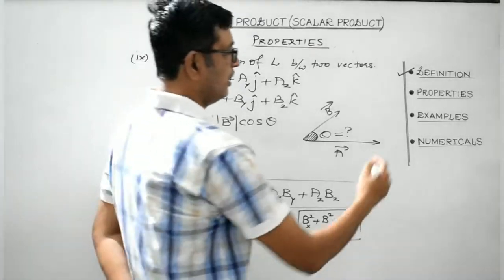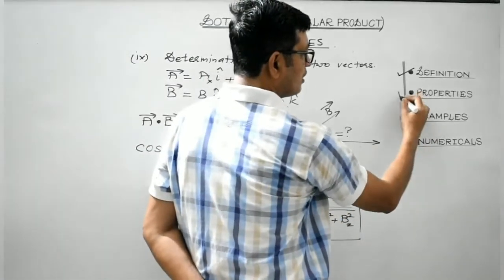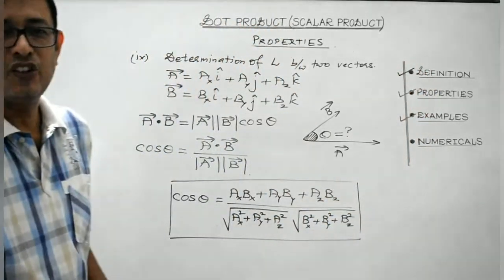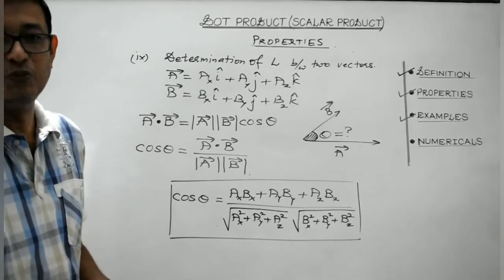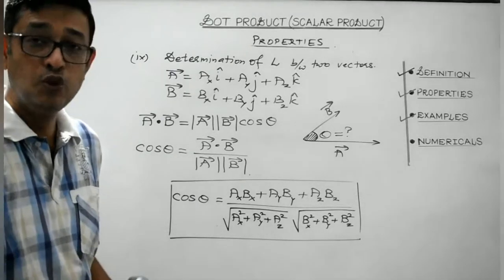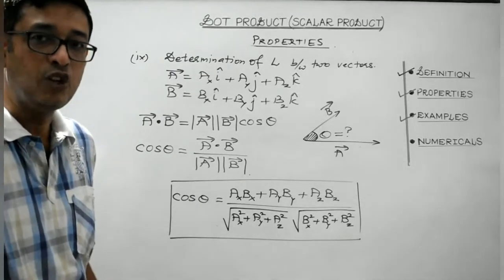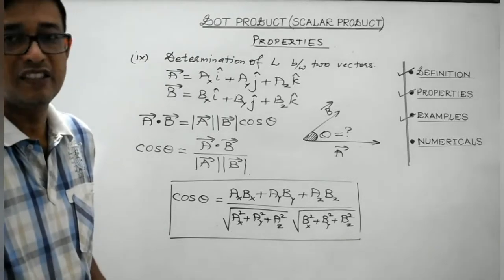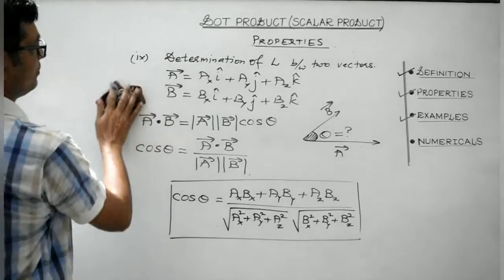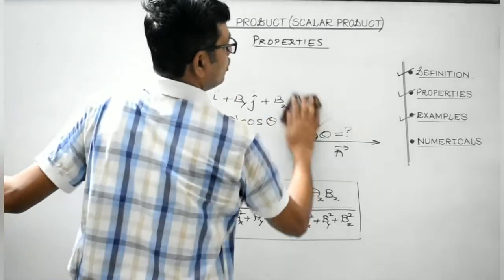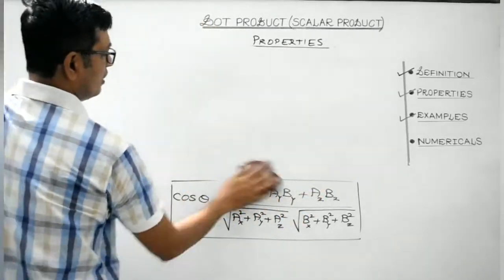So we have discussed various examples of dot product, we have discussed various properties. Now let's start with some very basic numericals, so as to prove that dot product indeed obeys the commutative law as well as the distributive law. Let's do that. Let's take an example.